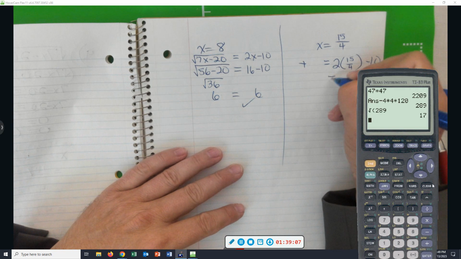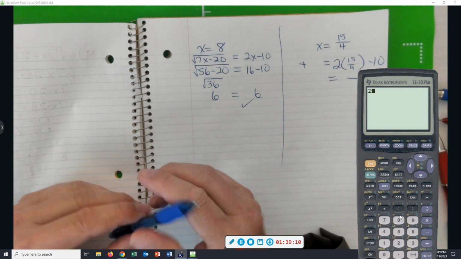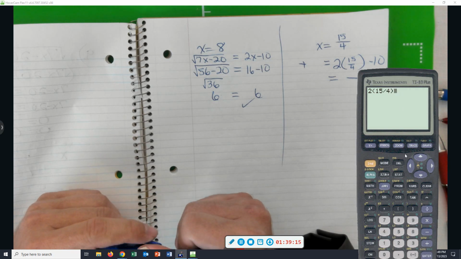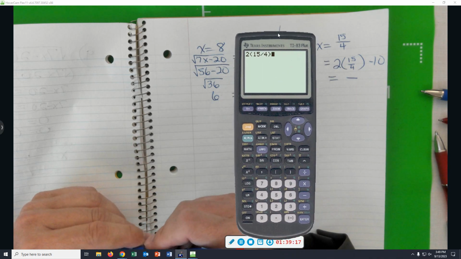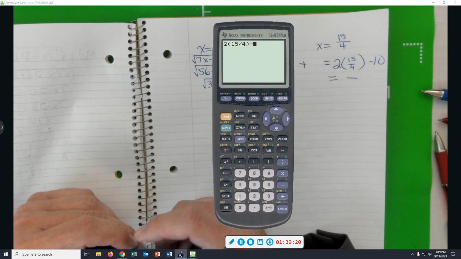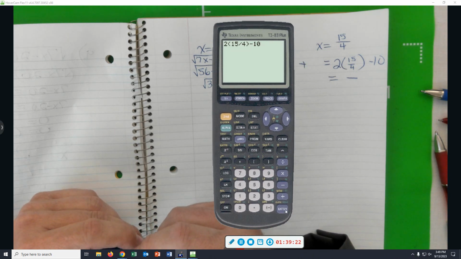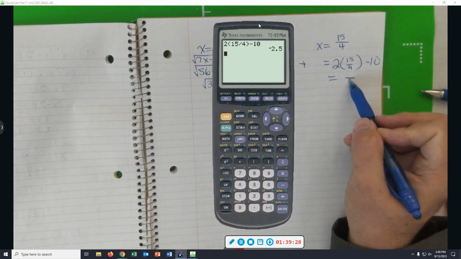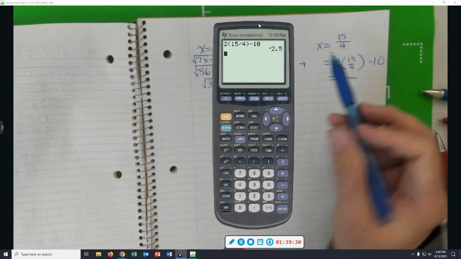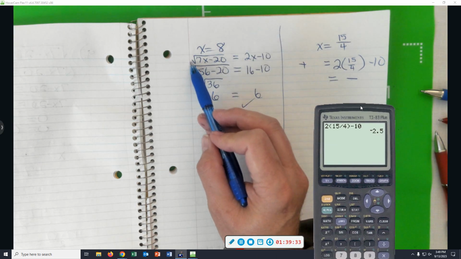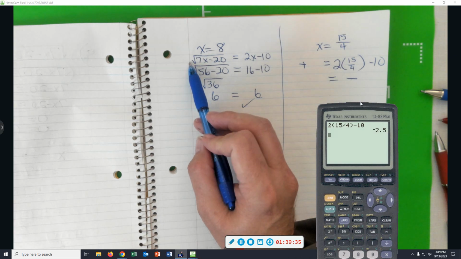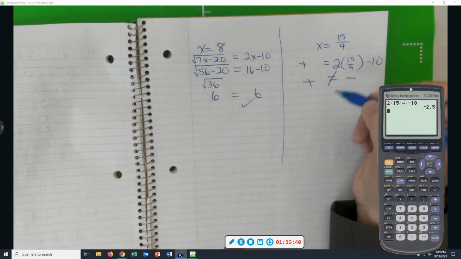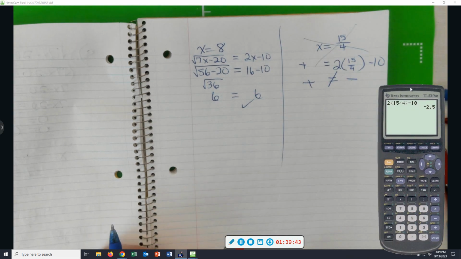I think the right side's going to be negative. If I go 2, parentheses, 15 over 4, close parentheses, minus 10, that gives me a negative number. Then 15/4 cannot possibly work, because when you plug it in here, the result has to be positive. There's no negative sign in front. A positive cannot equal a negative. So discard 15/4.